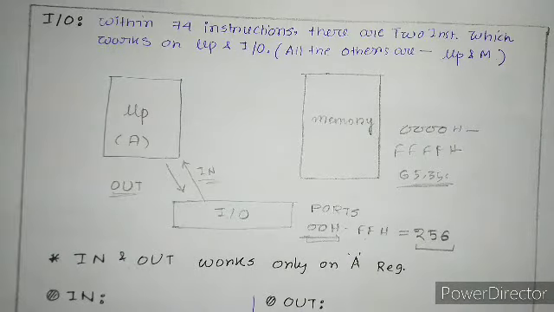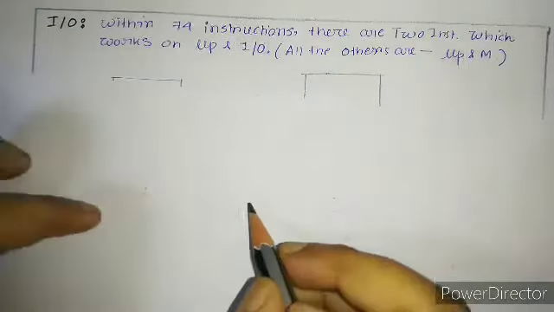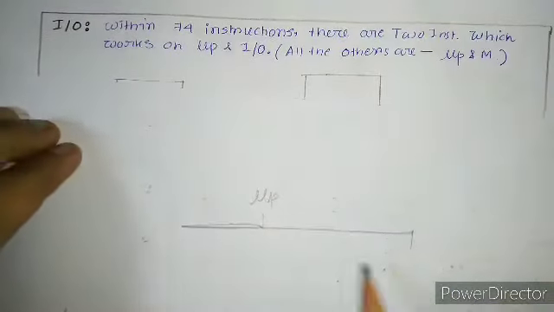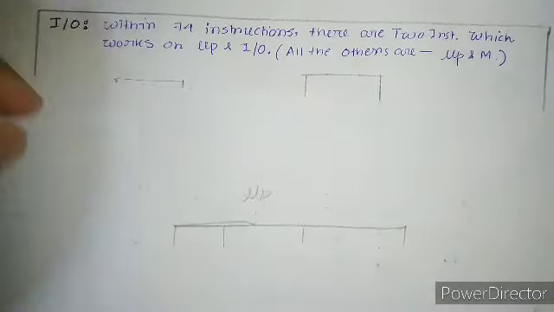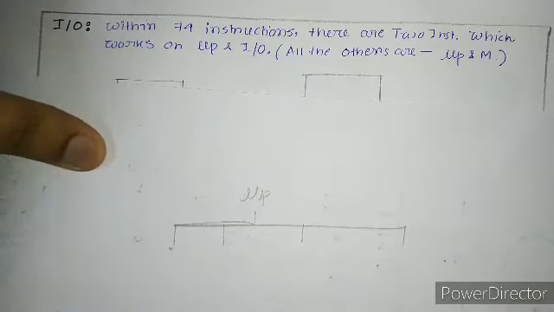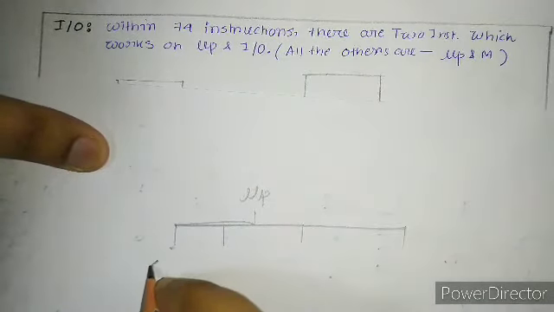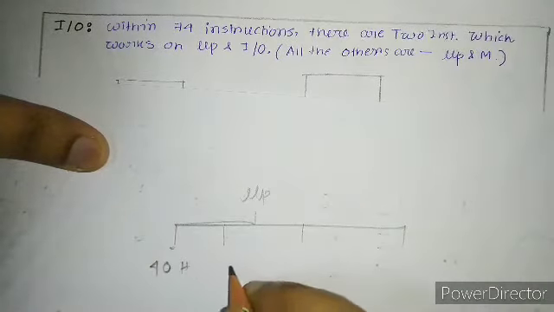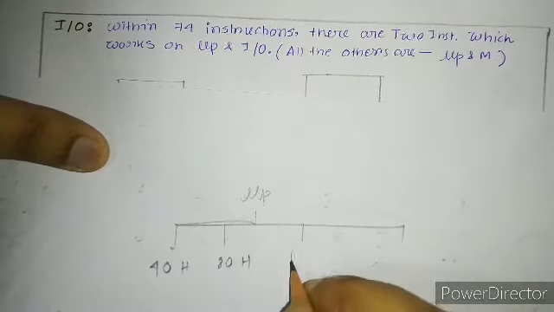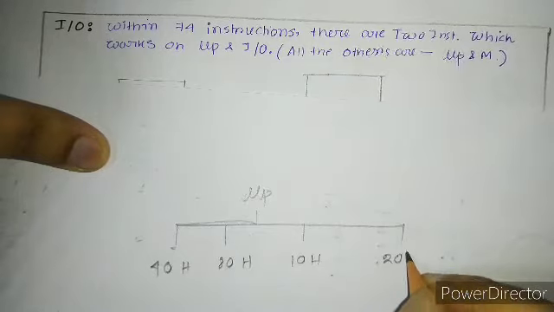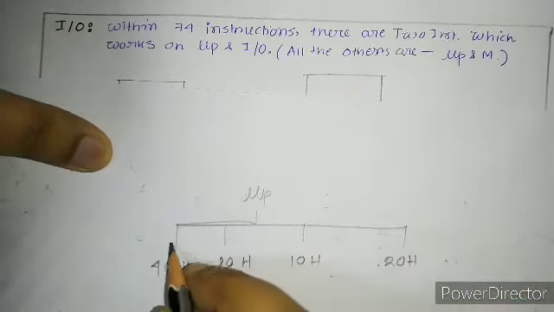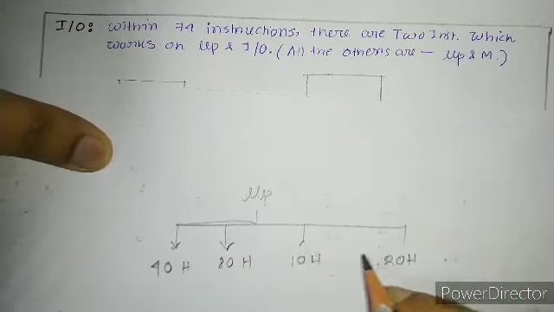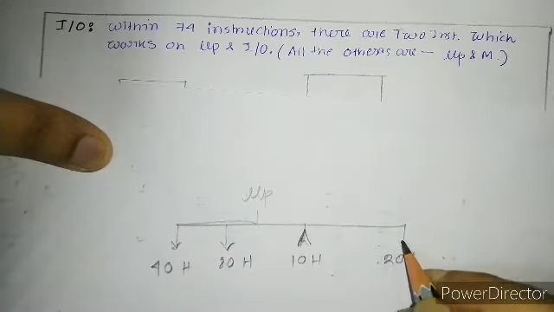How does this work? Suppose this is your MUP. These are your IO devices. So we can see that this is an 8-bit address. So how do these addresses work? 40H, 80H, 10H, 20H. This is how there are addresses and our devices are connected to them.